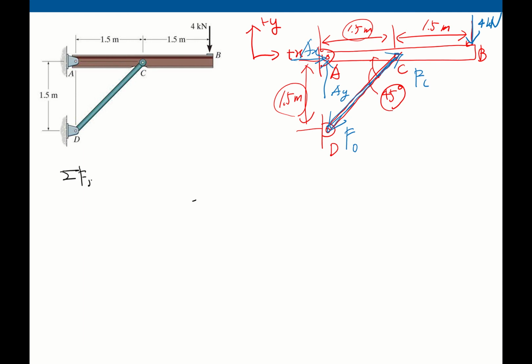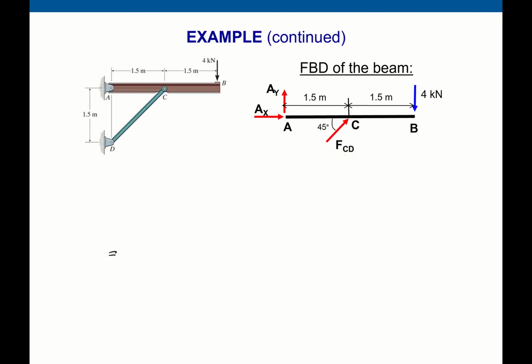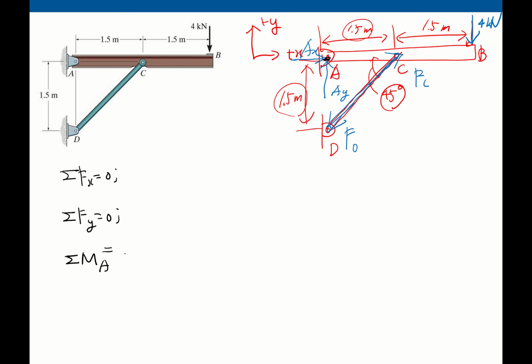First, let's choose A, because point A has many unknowns, so we can calculate the moment at point A. We don't need to consider these 2 unknown variables in the calculations. That makes our life easier. So for the Fx, we have 1 unknown, which is AX.